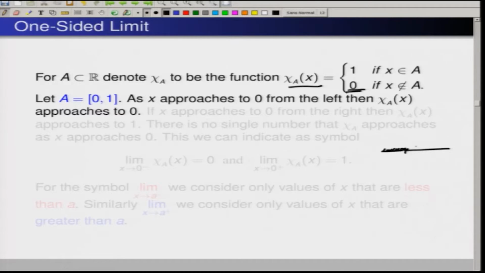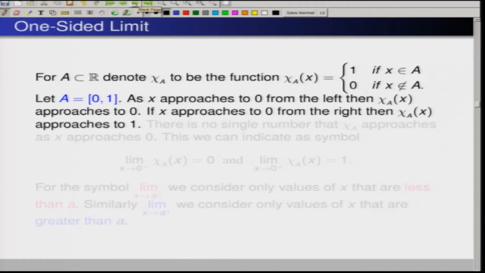However, if I approach from the right hand side, the function is 1 on 0 1 and 0 elsewhere. If you approach 0 from the left, you will get the limit to be 0. If you approach 0 from the right, you are going to get the limit to be 1. So, there is no single number.